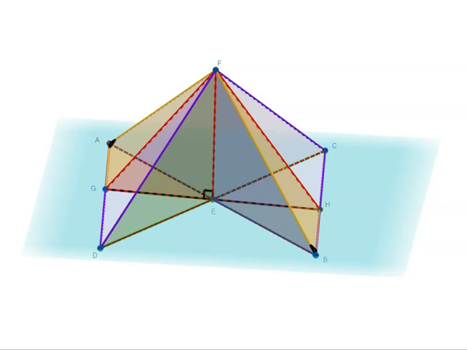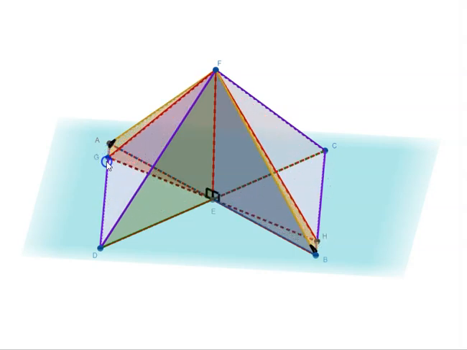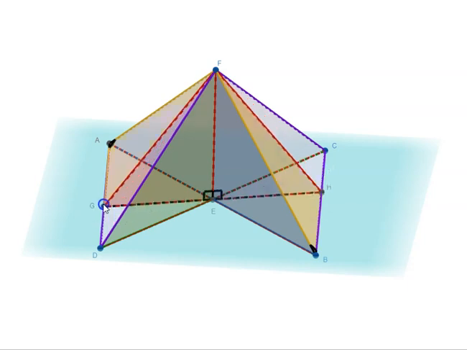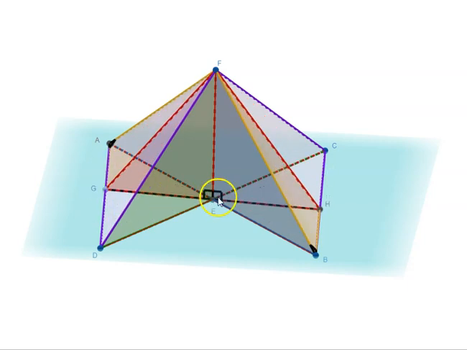So angle FEG is equal to FEH. And remember, these are random points we took. So if we take any other point also, the same conclusion we arrive at, that these are right angles.